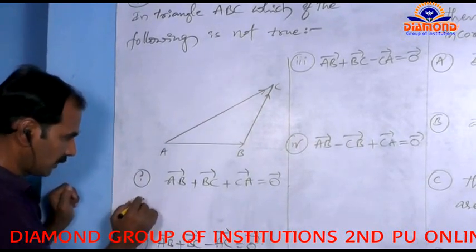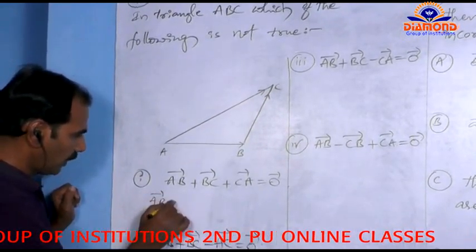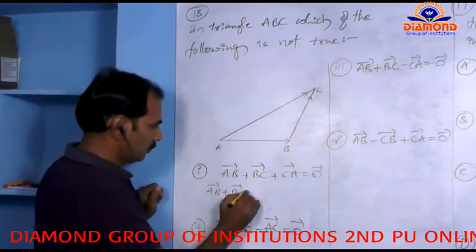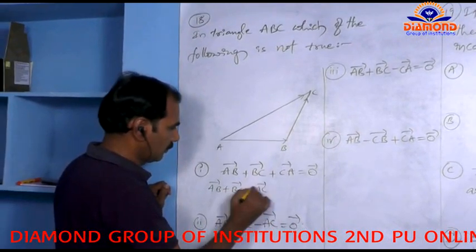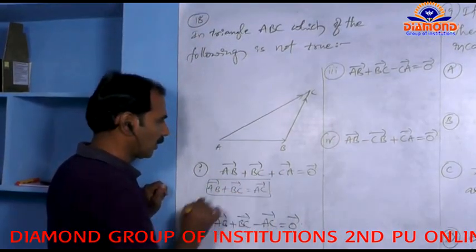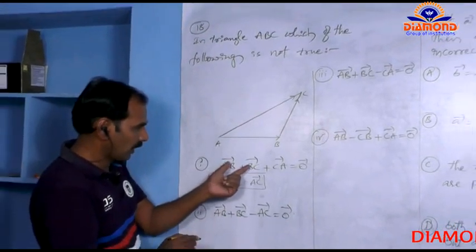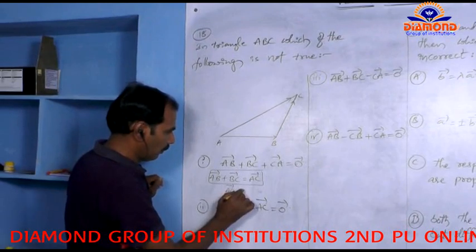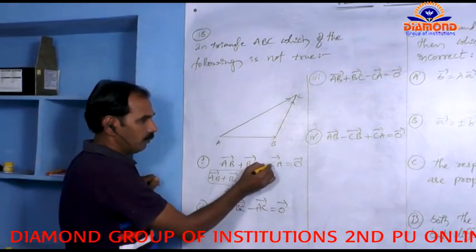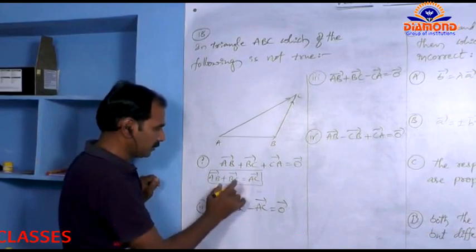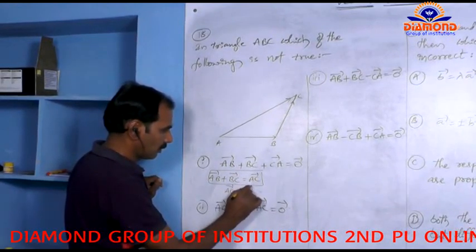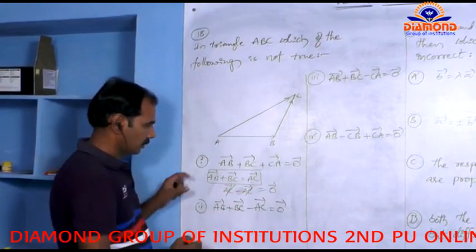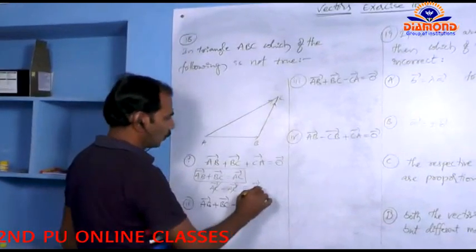So AC bar plus, with the direction changed, minus AC bar. Both cancel and you get 0 bar. So the first one is true.